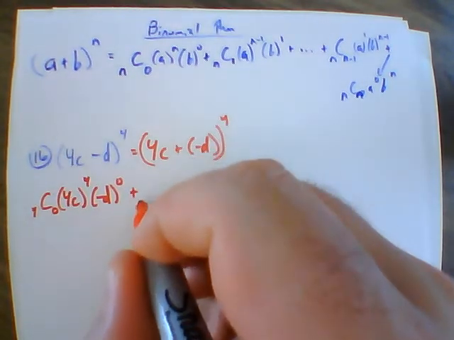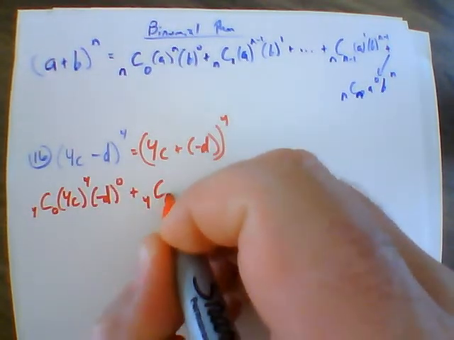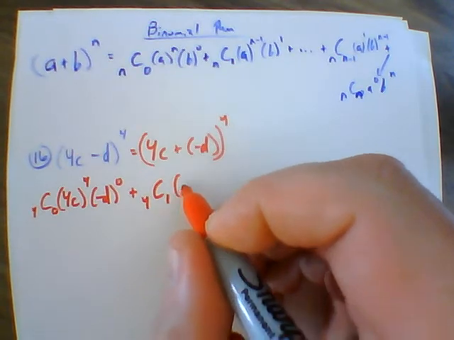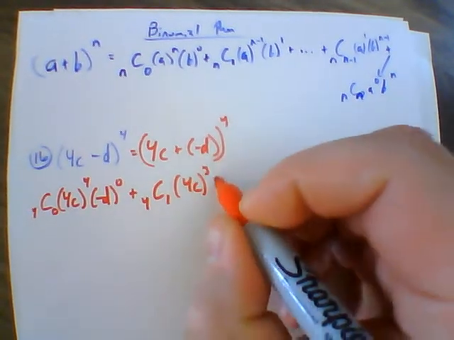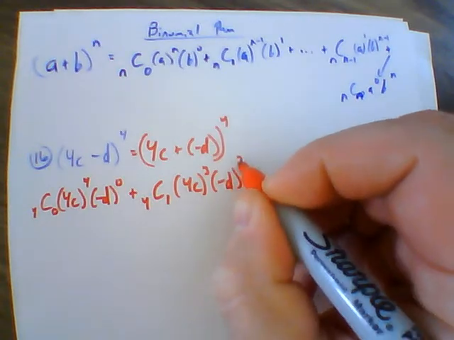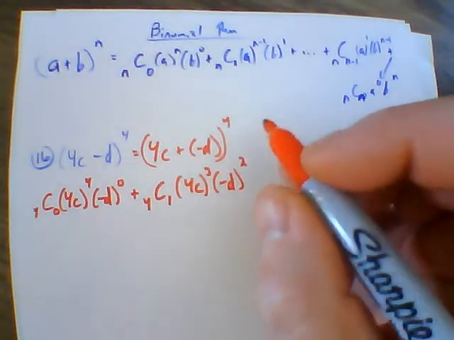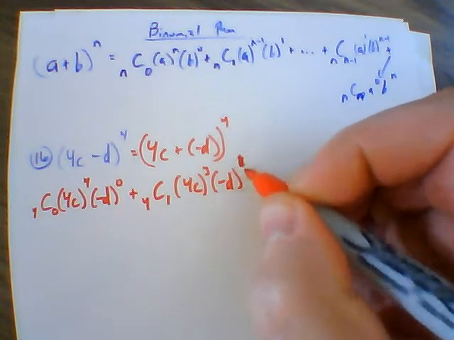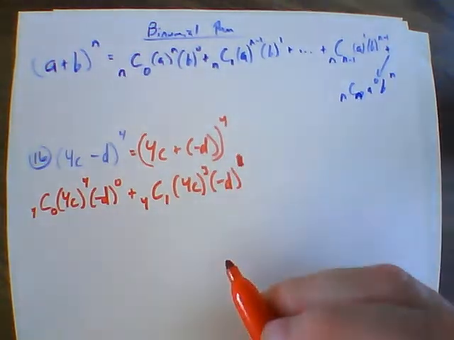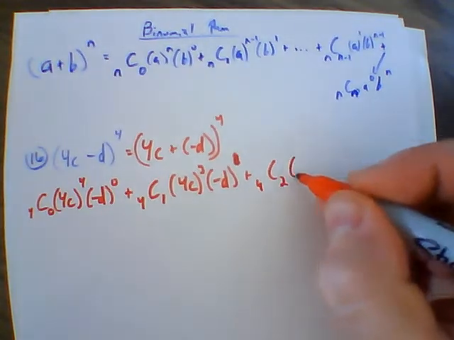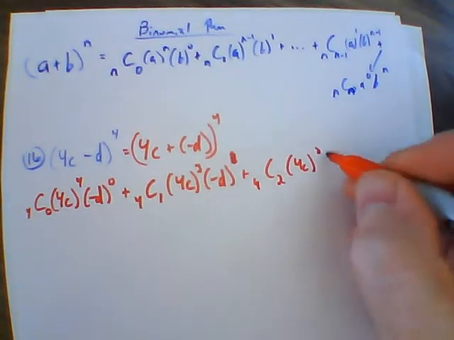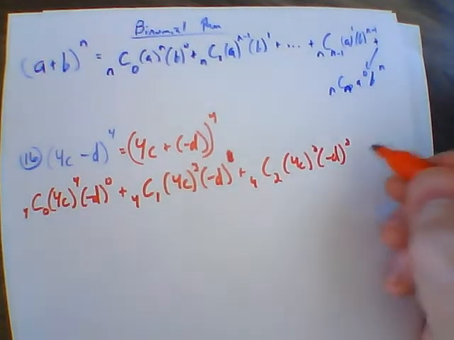Then we would go plus, we would have 4 combination 1, and then now we would go 4c cubed, and then a negative d to that first power. Plus then 4 combination 2, now we have 4c squared and then a negative d squared.